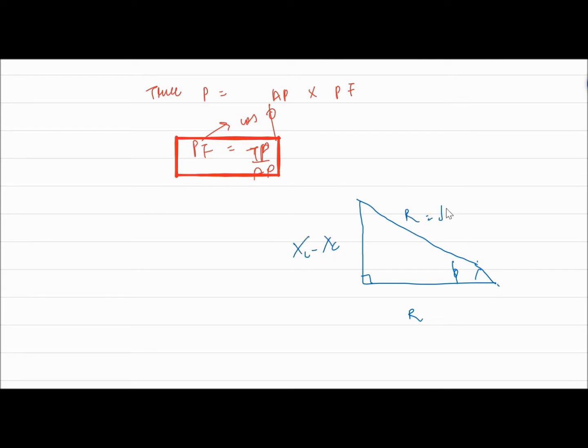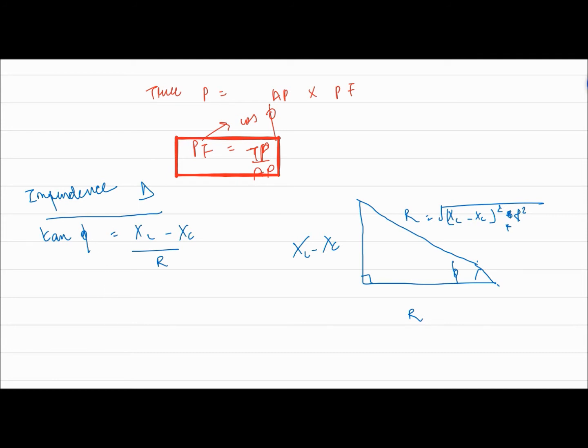So we get Z square is equal to (XL minus XC) square plus R square. So tan phi becomes XL minus XC upon R. This is the impedance triangle of the LCR circuit.